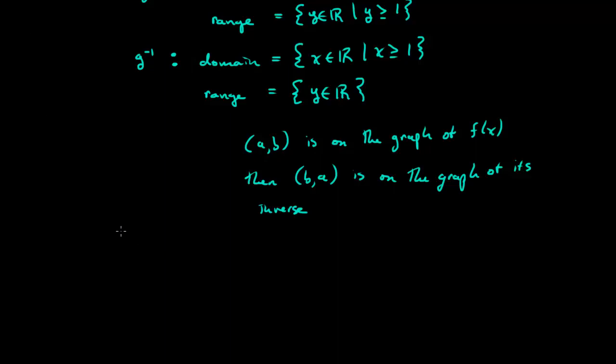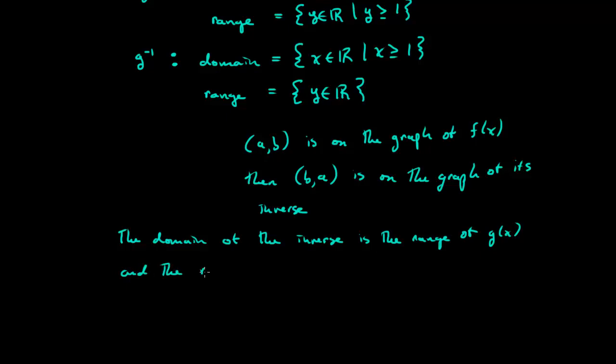So we can write that out: the domain of the inverse is the range of g of x, and the range of the inverse is the domain of g of x. So you can see that the domain and range for the inverse are just switched.